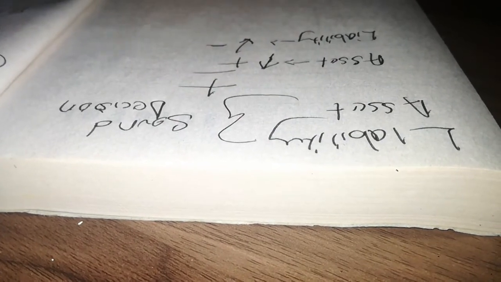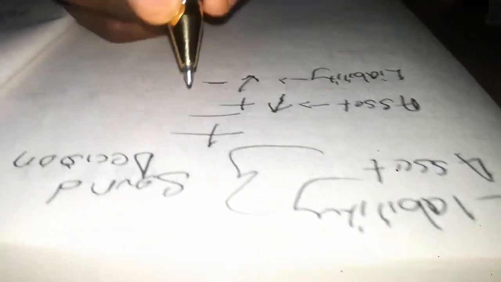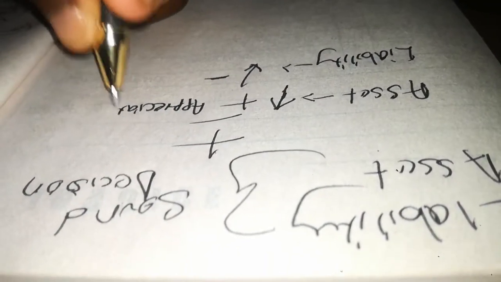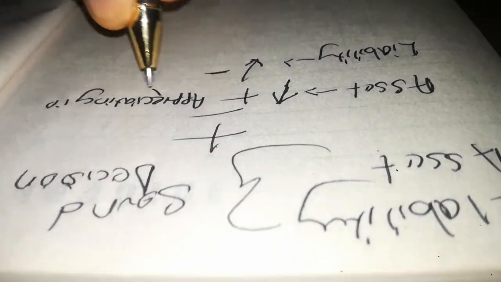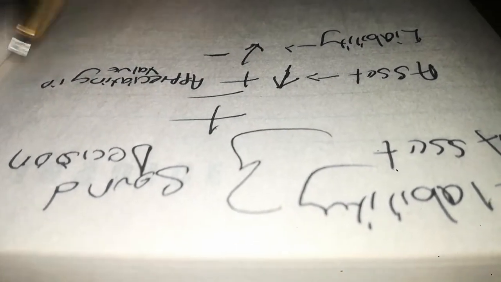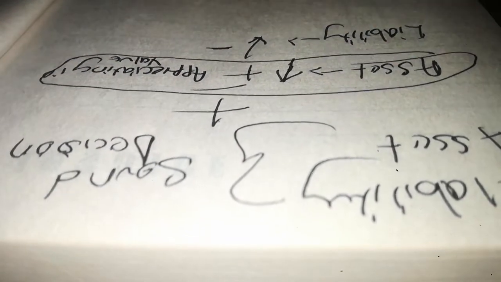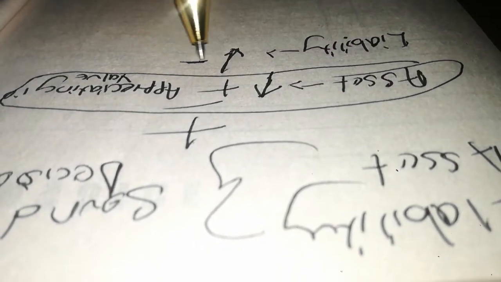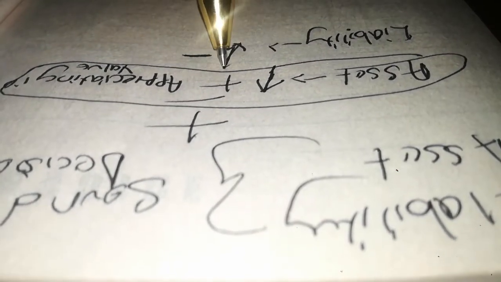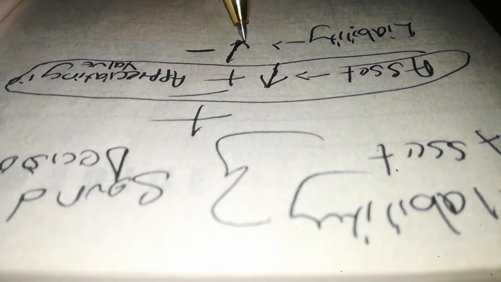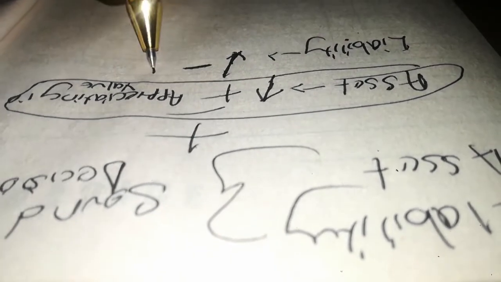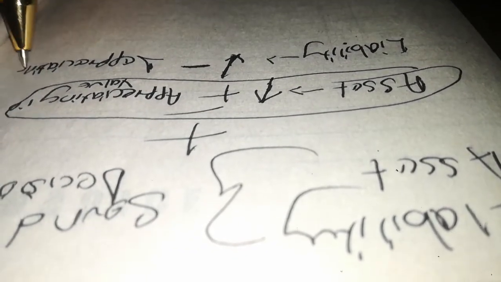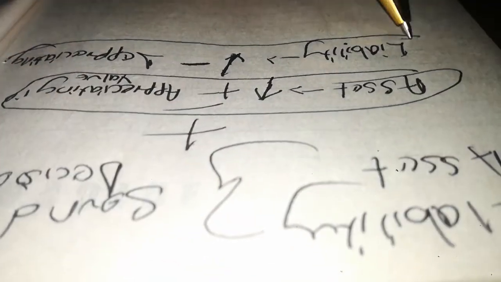So anything that adds money or keeps appreciating in value, then it becomes an asset. And anything that keeps taking money from your pocket, taking your wealth from you, or depreciating, then it becomes a liability.